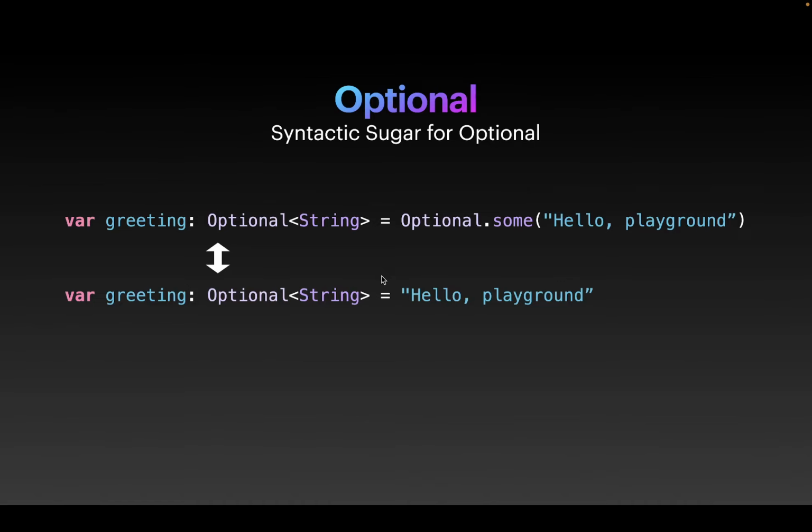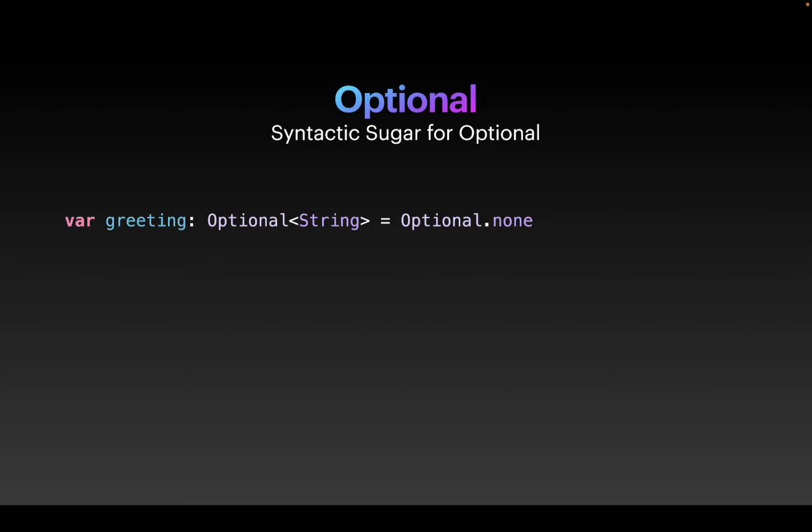But again, it's not a string, it's an optional string. Now we can take a further step to get rid of the Optional String thing. We just say String with a question mark. It's the syntactic sugar I mentioned before. All three of these are equivalent.